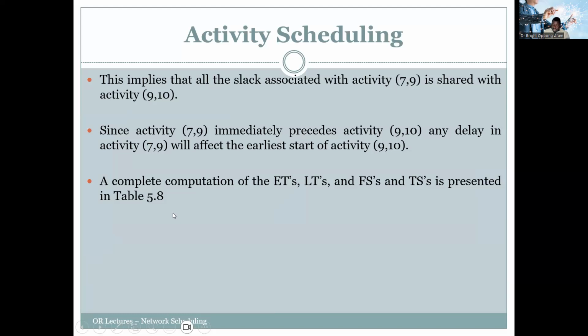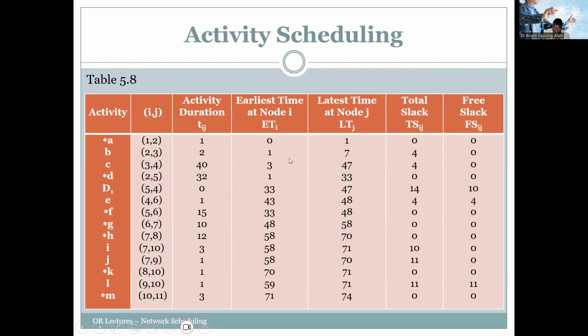A complete computation of the earliest time, latest time, free slack, and total slack is presented in table 5.8. So we have all the earliest and latest times here, the total slack and the free slack. You see there's a dummy activity, and activity E is transport component from harbor to site.